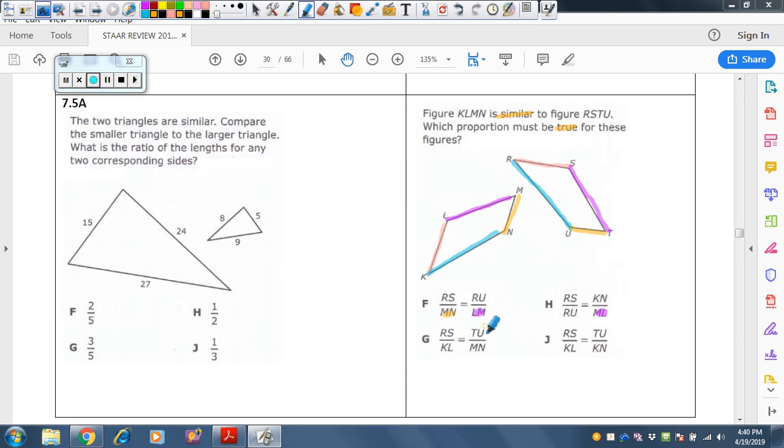MN is orange. RS is pink. RU is blue. Forgot one. All right, once you color code, it is obvious that only one can be correct. So take the time to color code.